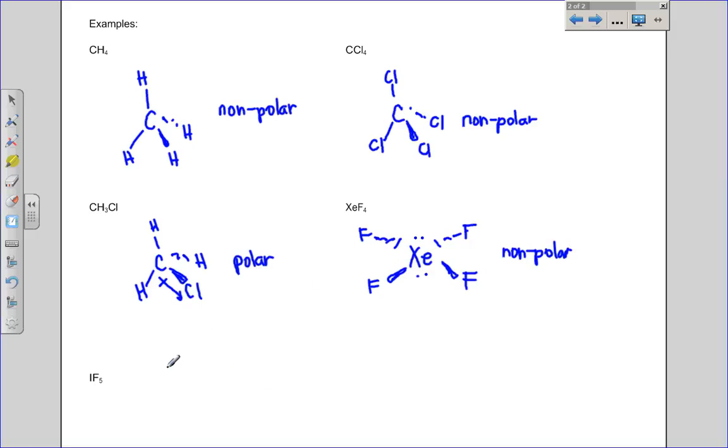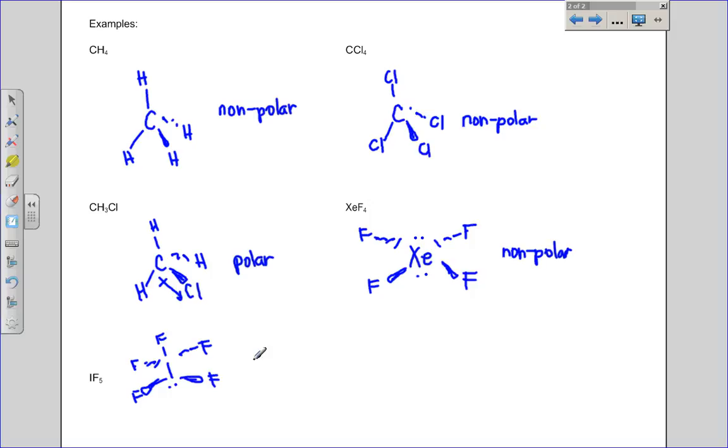Now, IF5 is square-based pyramid, so it's also got an octahedral geometry, and it's got 1 lone pair on it. When we go through the process here, this lone pair has nothing to cancel with it.